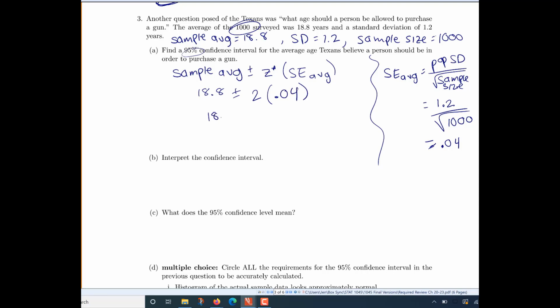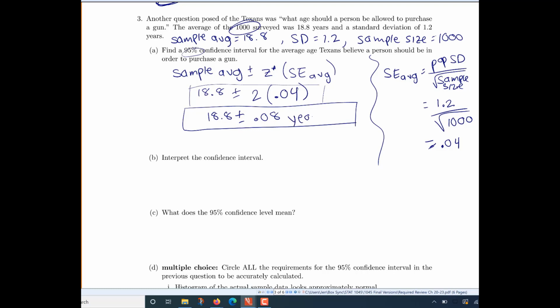So this is going to be 18.8 plus or minus 2 times 0.04, which is 0.08. Now, you might find on the exam that the person who writes it leaves it like this. So instead of simplifying, they just leave it like this. They might even leave it like this. That's okay. Don't worry about it. That's just what they like to do for some reason, and I'm not the one that writes it.